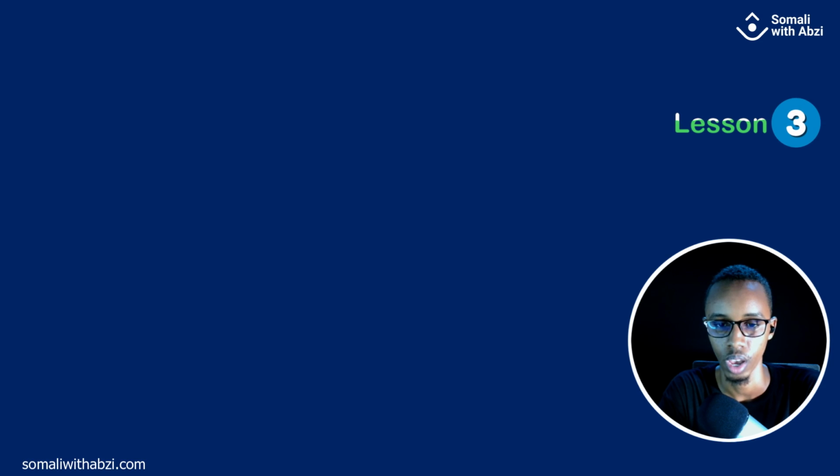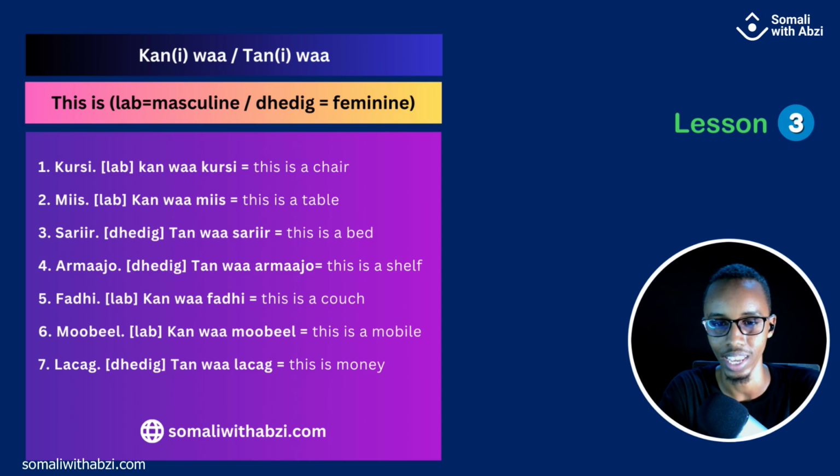Very nice. Now, kan or kani wa and tan or tani wa. That means in Somali, this is. So for the masculine nouns, you use kani or kan, and for the feminine nouns, you use tani or tan. So lab means male or masculine. Dadig means female or feminine.